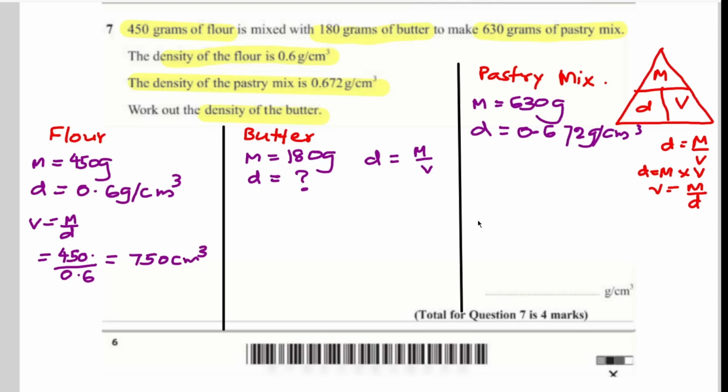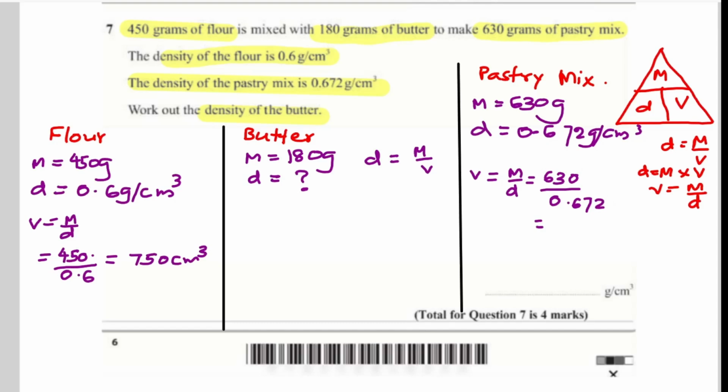Cubic centimeter. So we have the volume of flour. Let's get the volume of pastry mix. So volume equals mass over density again. Then mass equals 630 grams over 0.672, which is the density.